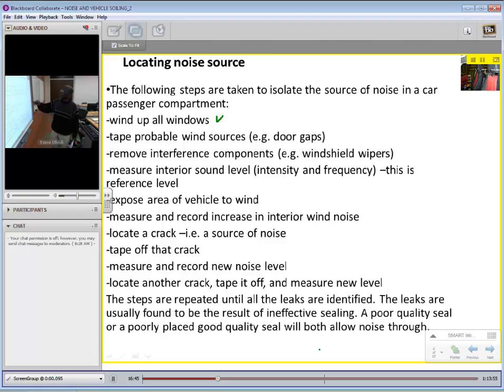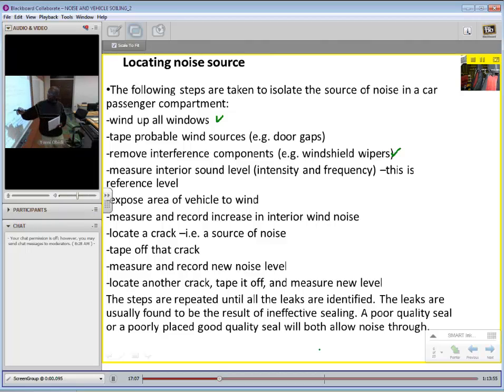Remove interference components like windshield wipers, completely stripping the vehicle, because you want to look at the noise in the compartment. Then we measure the interior sound level, the intensity and the frequency, and that is the reference level. That's what we use as our ground level.